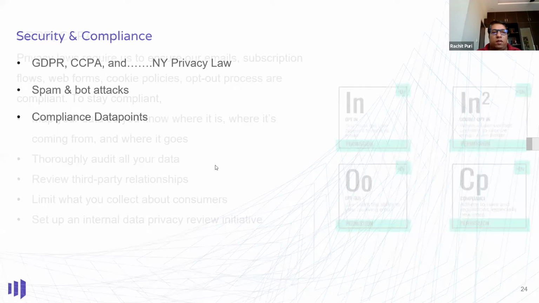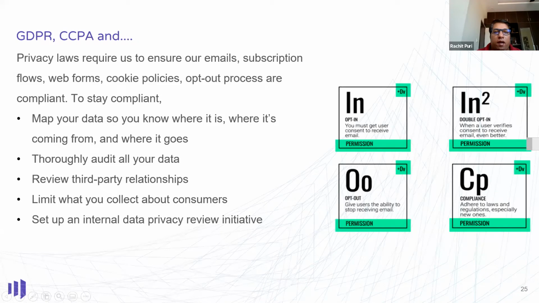Talking about the first one, GDPR, CCPA, and many other laws. What has been happening is that, probably a decade back, a lot of marketers were not focusing on what data points they are capturing versus how they are processing that data.